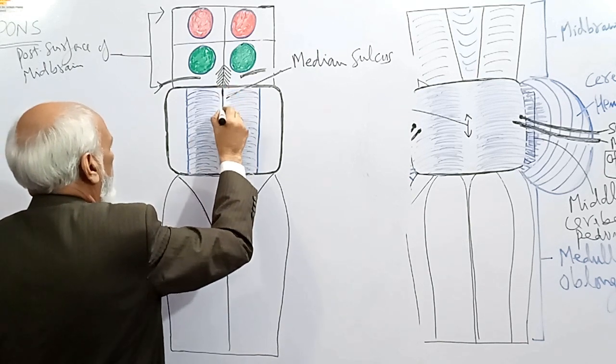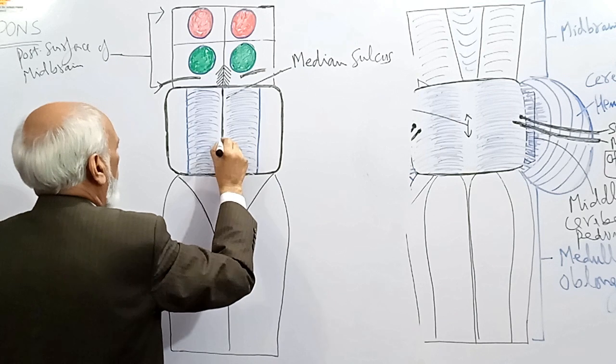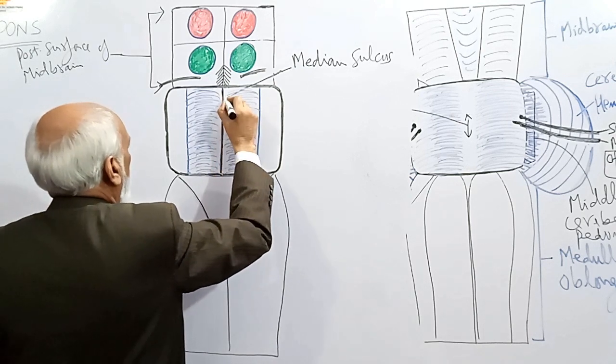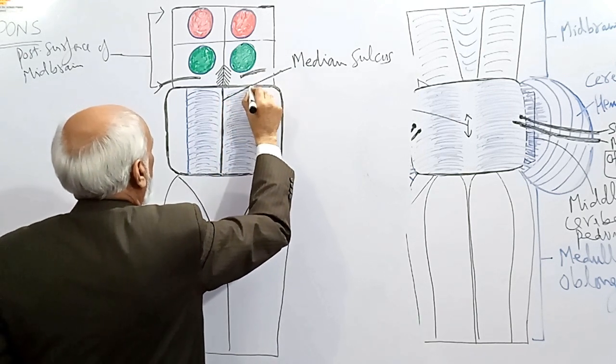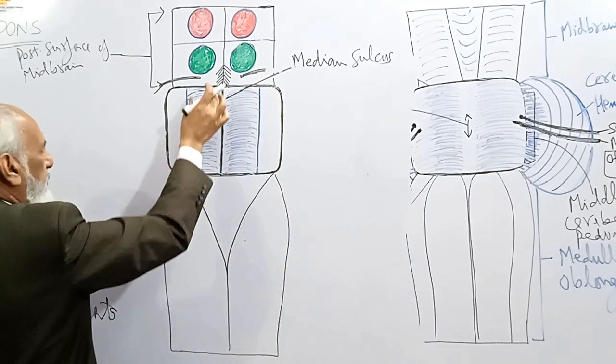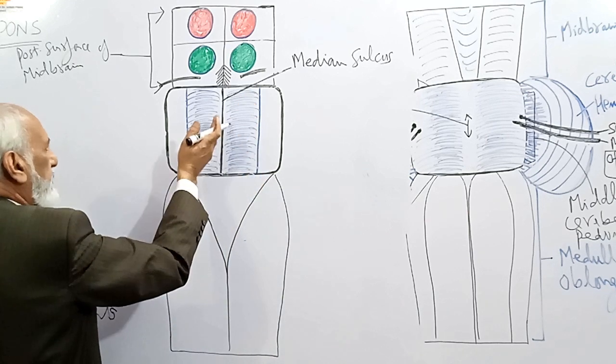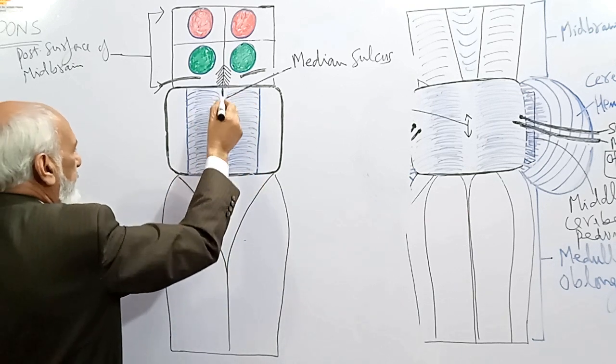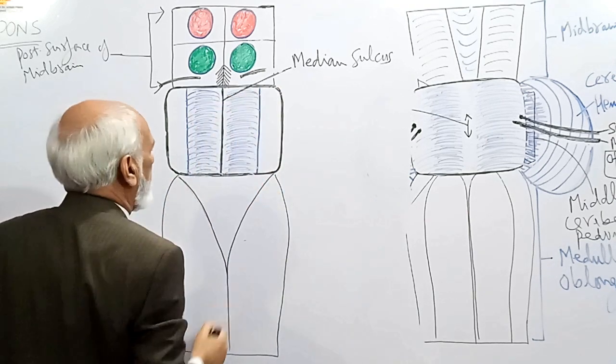This is median sulcus, which descends in the middle of the posterior surface of the pons. On each side of the pons there are vertical ridges. These two vertical ridges are separated from each other by median sulcus.